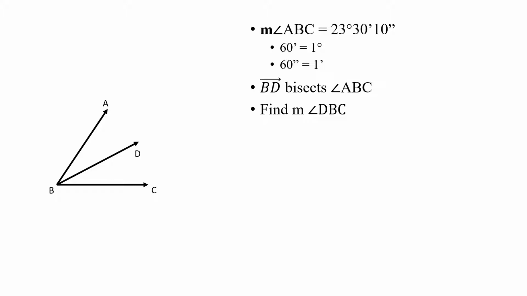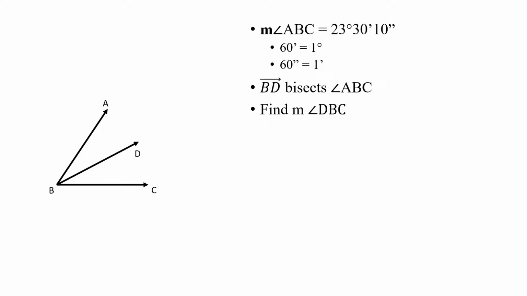Okay, so we have angle ABC, and we're told that it's equal to 23 degrees, 30 minutes, and 10 seconds. We're told that ray BD bisects angle ABC, which means that the two resulting angles are congruent to each other. Angle ABD is equal to angle DBC. What we're trying to do is find the measure of DBC.